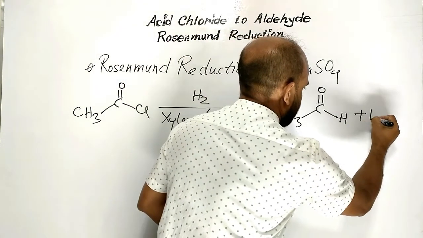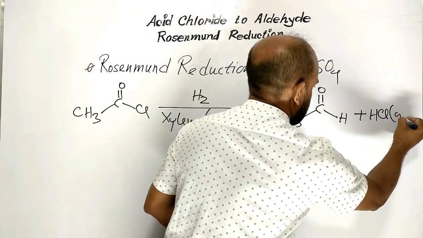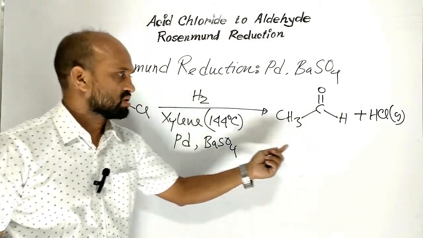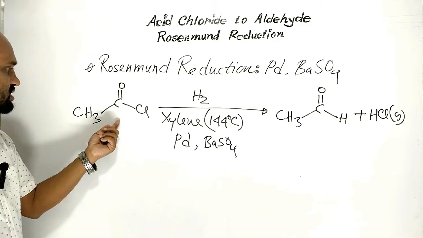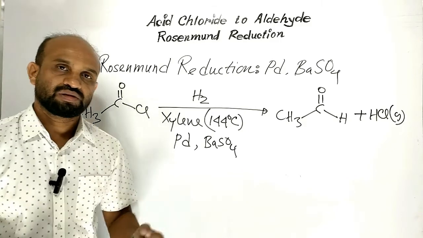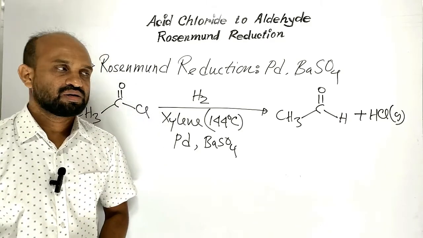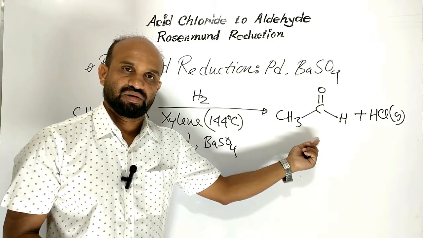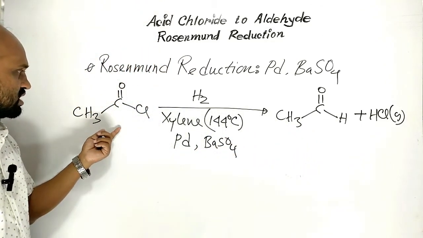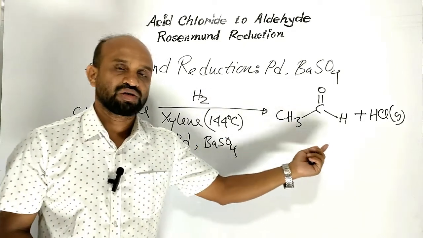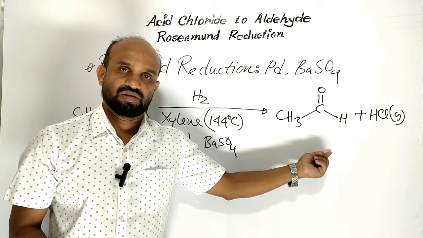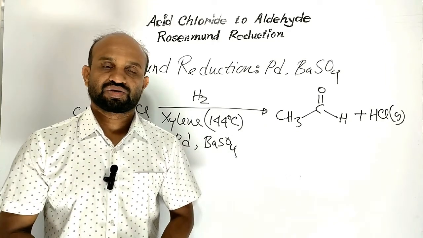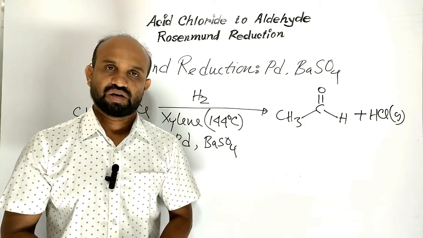Here byproduct is HCl. This is the reaction by which acid chloride, that means acyl chloride, is converted to aldehyde. Here acetyl chloride is converted to acetaldehyde, that is ethanol. This reaction is called Rosenmund reduction.